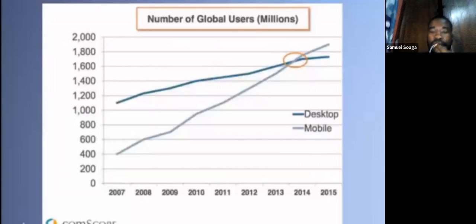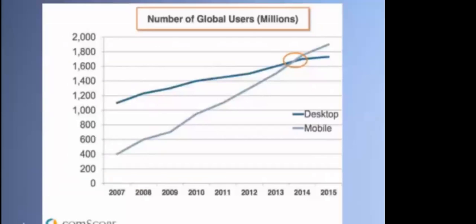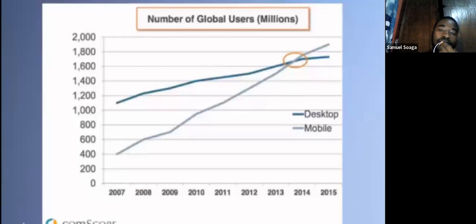But after mobile phones got invented and phones that could access the internet became popular, people started accessing the internet from their phones. And over time, the number of people that access the internet from their phones surpassed the number of people that access the internet from desktop computers. So that's what happens today.